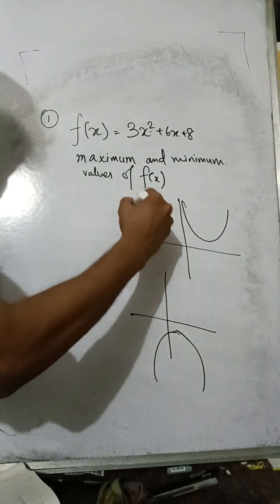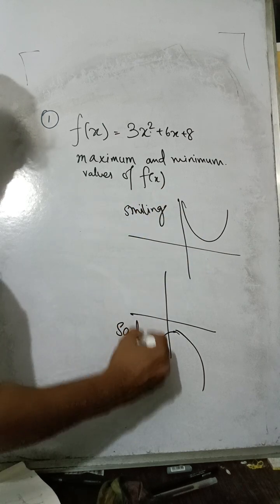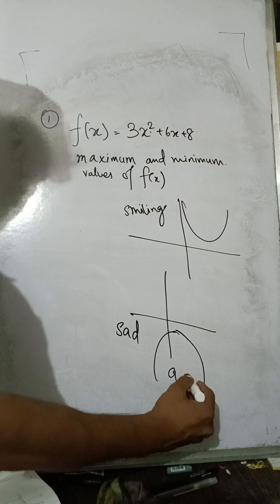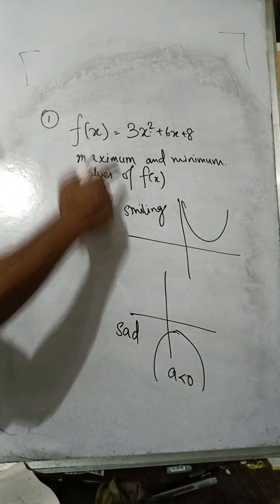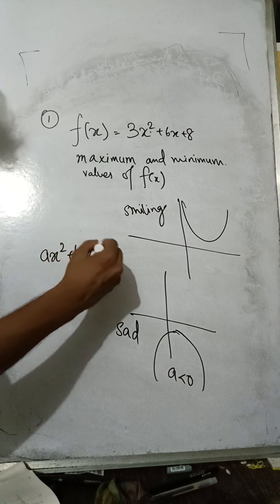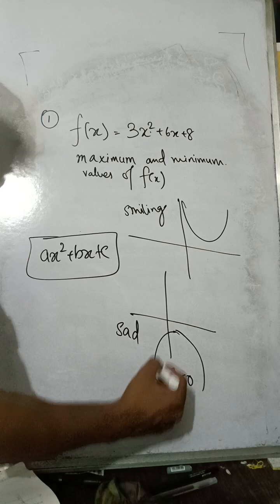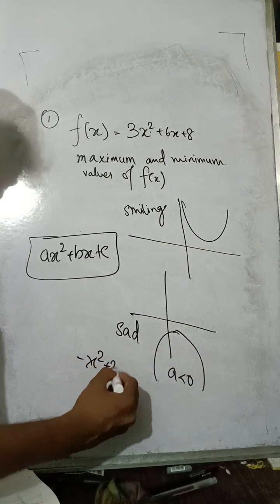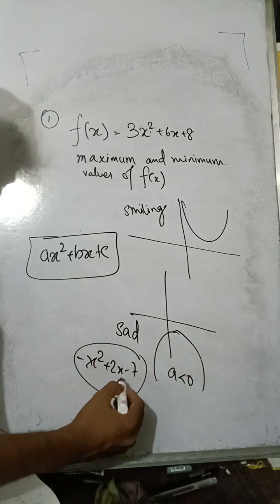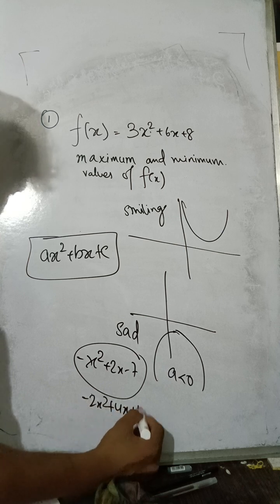Whenever we get a sad curve, a is negative. What a means, basically, a quadratic equation is something like ax square plus bx plus c, right? If a is negative, then we have something like minus x square plus 2x minus 7, or minus 2x square plus 4x plus 10.